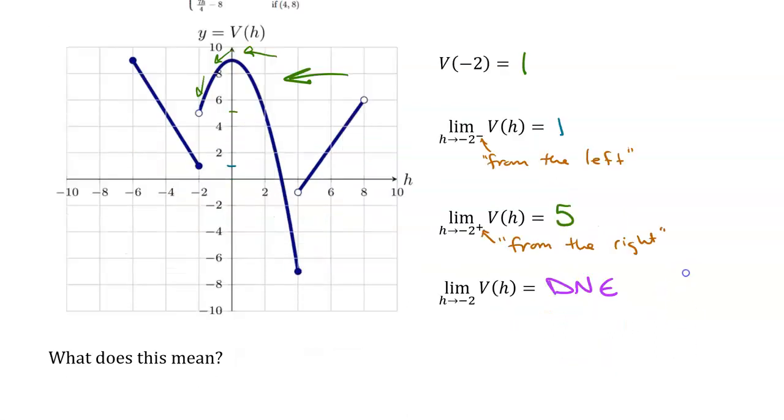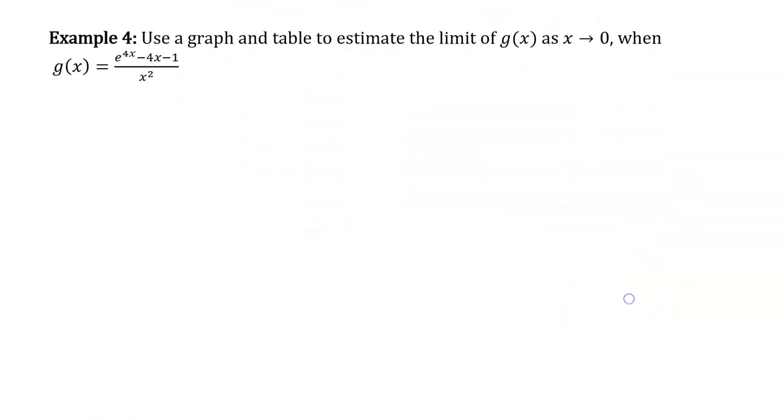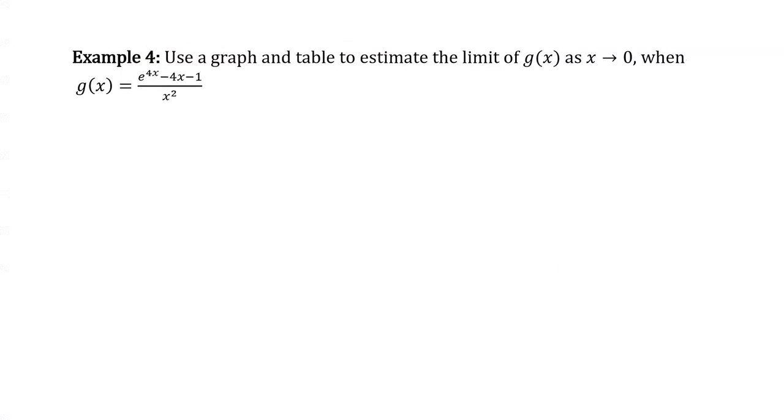Okay, so let's do this lovely thing. Use a graph and a table to estimate the limit of g of x as x approaches 0 when g of x is that. So, I would definitely use your calculator.